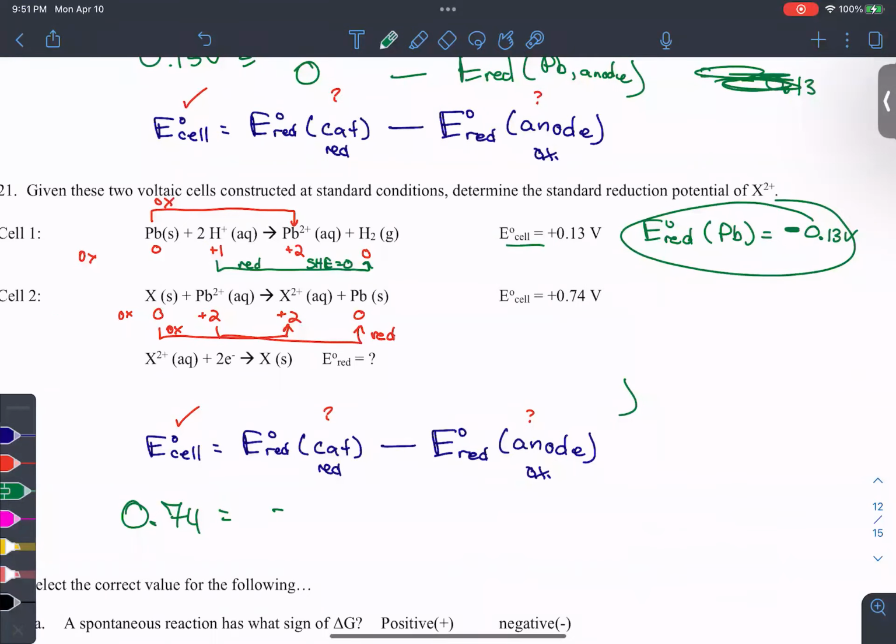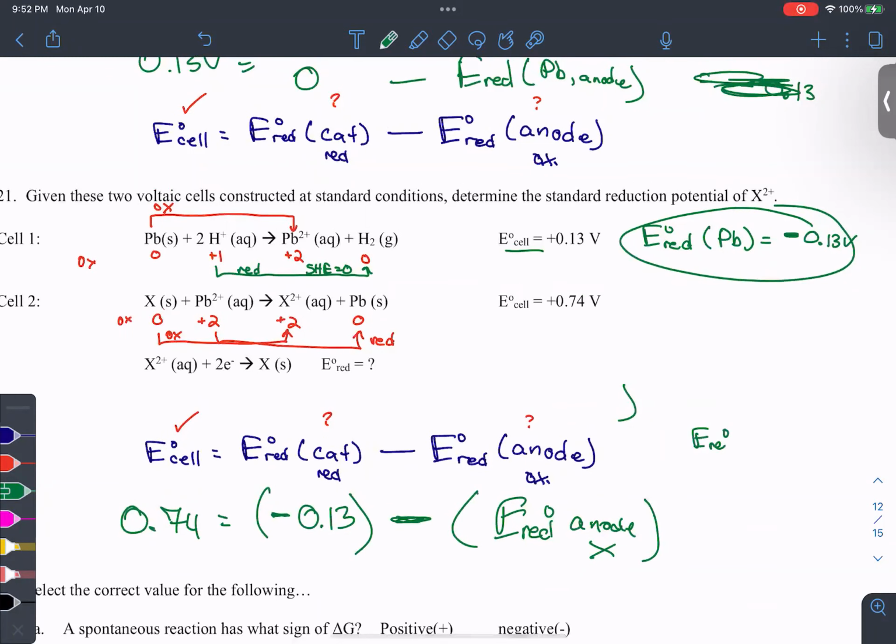So we're putting the negative 0.13 in the cathode place, minus the reduction potential of the anode. In this case, it's X. And you just solve for it, and whatever that answer is, I think the reduction potential of X is equal to negative 0.87 volts.